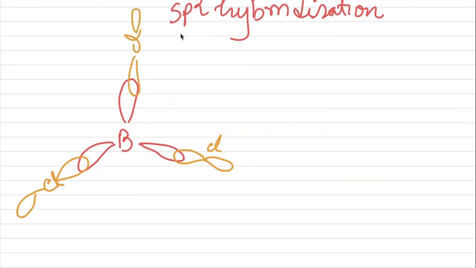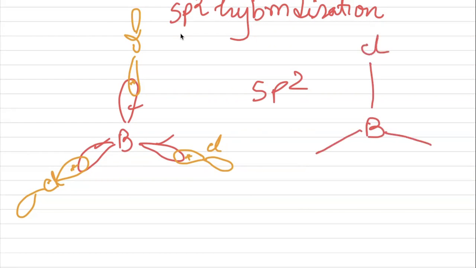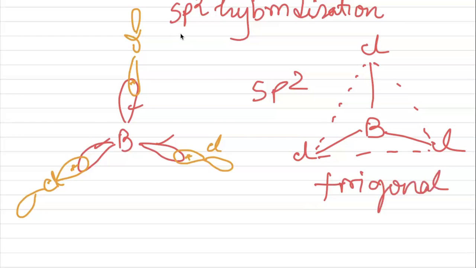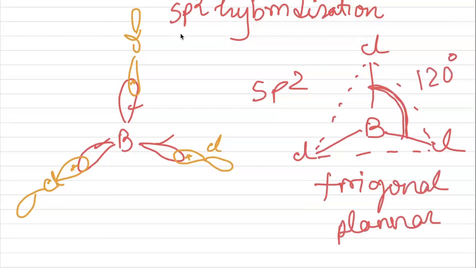In this way, it is trigonal planar, and the bond angle is 120 degrees. Clear on sp2 hybrid orbitals?